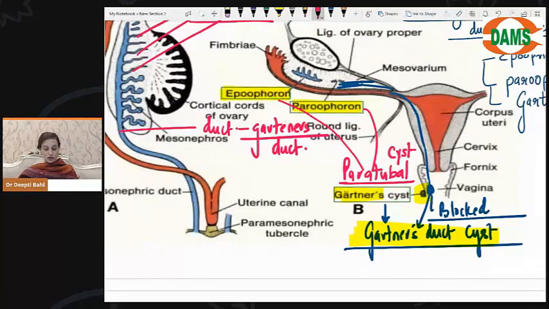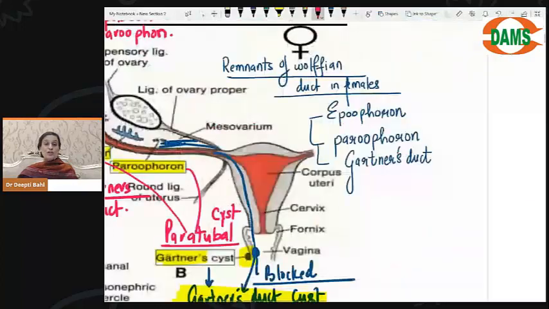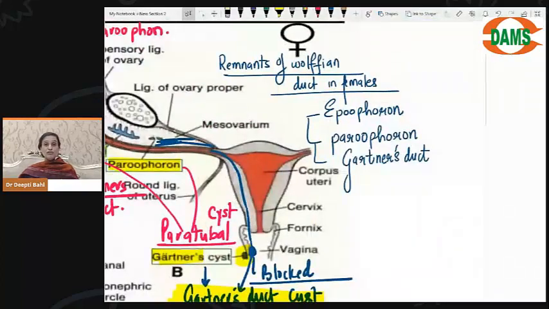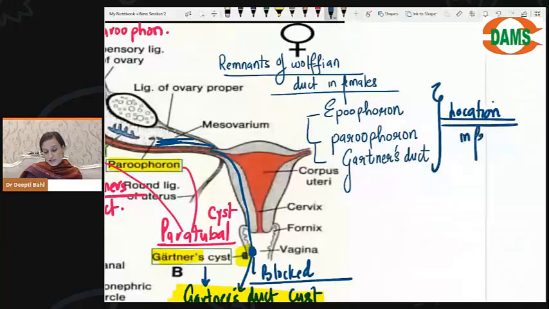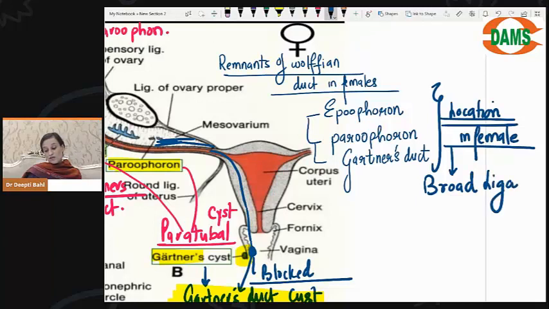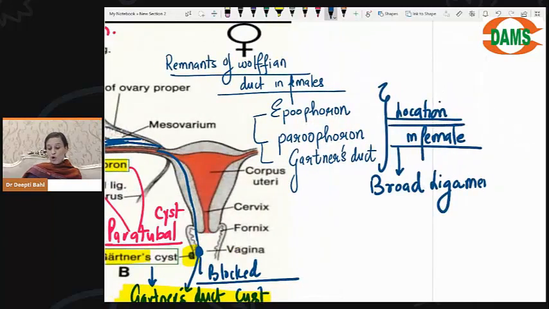Hold on. Coming to more things that you should know about epophoron, parophoron, and Gartner's duct. Where are these structures located in the female? The answer is that these structures are present in an area which is called the broad ligament.